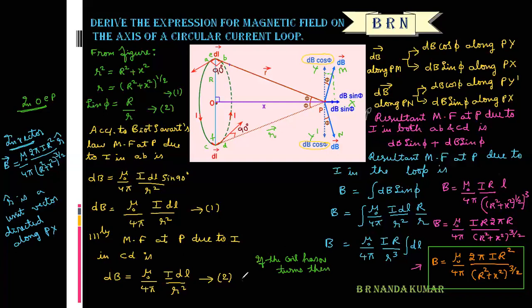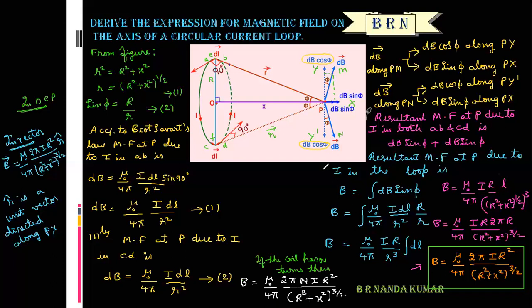That is B is equal to mu naught divided by 4 pi, 2 pi n I R square, all divided by (R square plus x square) power 3 by 2.